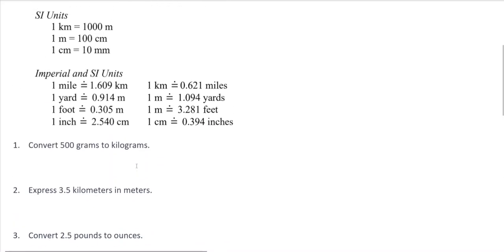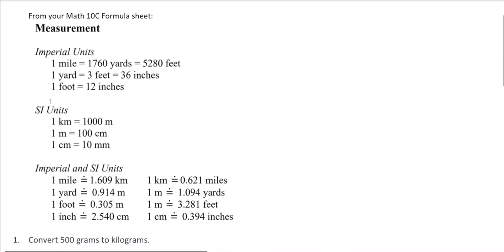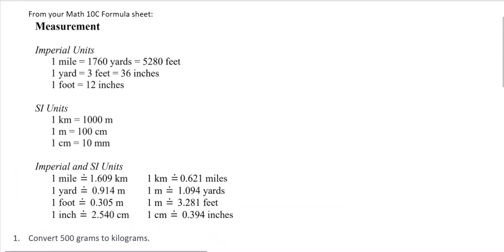So just before we do that, I'm noticing we're missing a couple of pieces of information. I'm guessing that these are not going to be on the CSA, but pounds to ounces, I believe it is 16, yeah, so 1 pound, which is LB, is equal to 16 ounces, okay?